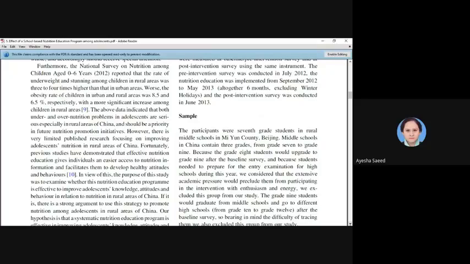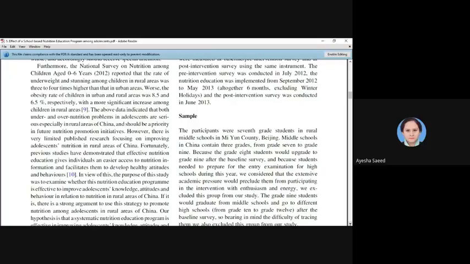The grade 9 students would graduate from the middle school and go to different high schools after the baseline survey. So, bearing in mind the difficulty of tracing them, we also excluded this group from our study, as the next year would start from March and the post-test was planned in June 2013.